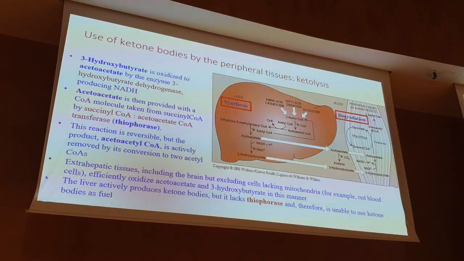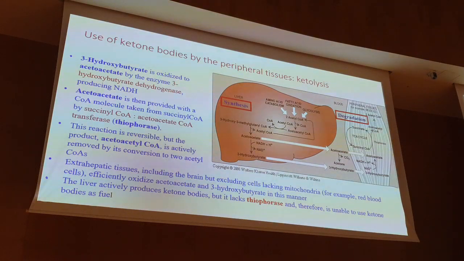If you look on the left-hand side, the liver makes these acetoacetates and beta-hydroxybutyrates, puts them into the blood, sends them over to the cardiac muscle, sends them over to the brain.